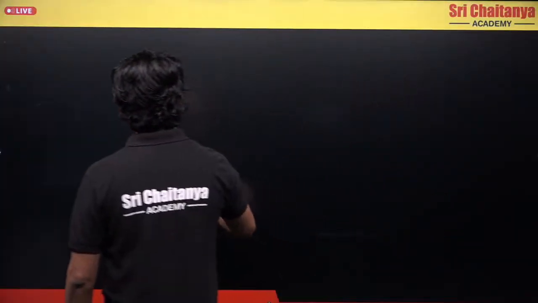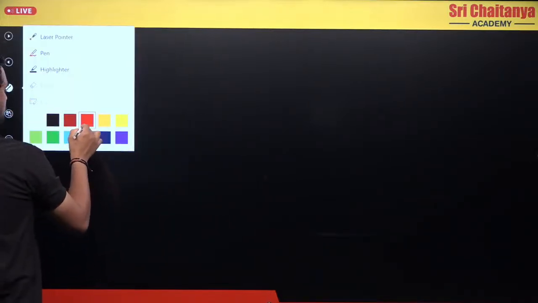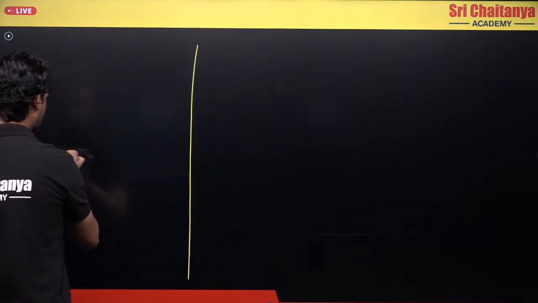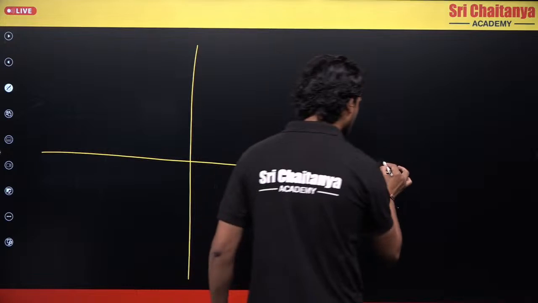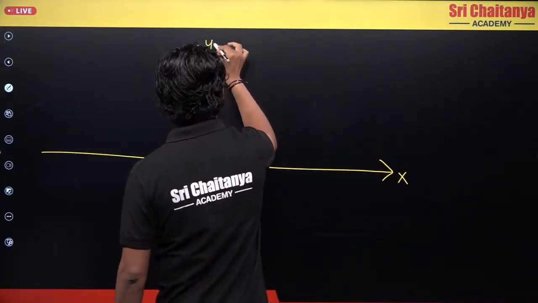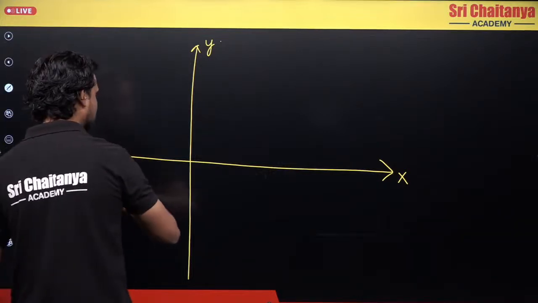Let's say this is my x-axis and this is my y-axis, and I have a straight line.